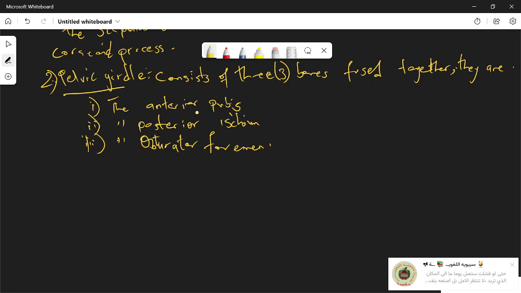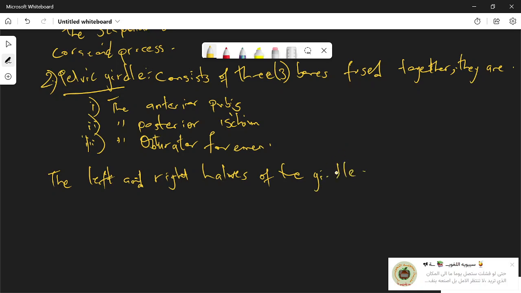Now, we need to understand here that there is something called the left and the right halves of these girdles. The left and the right halves of the girdle.